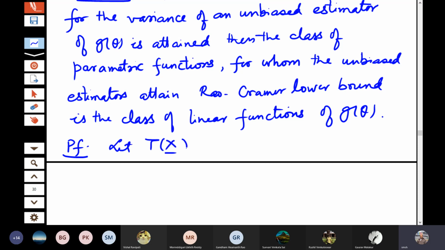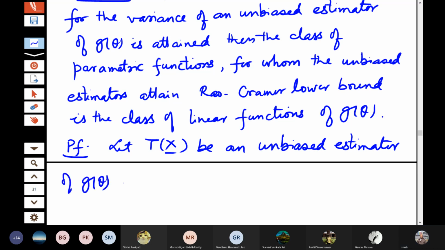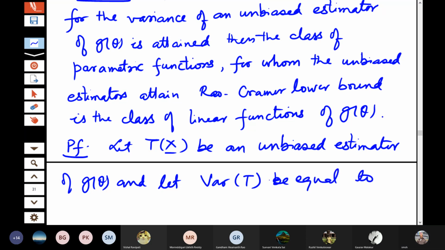So let T_X be an unbiased estimator of g theta, and let variance of T be equal to RCLB for g theta.